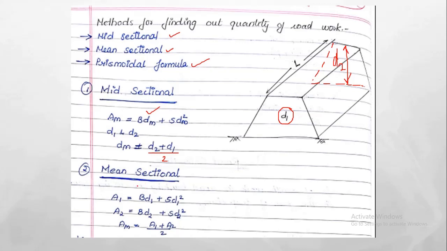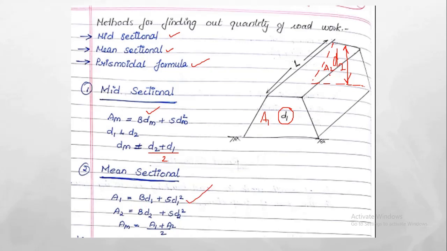Coming to the mean sectional formula, we need to calculate the area of the two sections separately. Suppose this is area 1, and this is area 2. The area of A1, as mentioned in the previous slide, will be BD1 plus SD1 square.